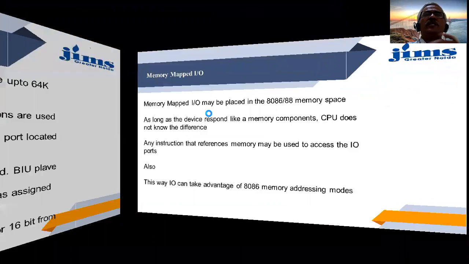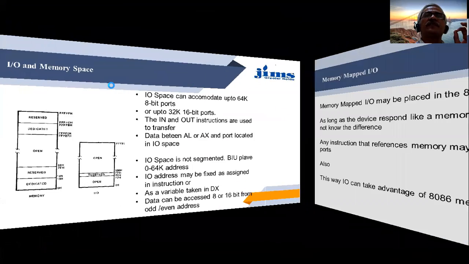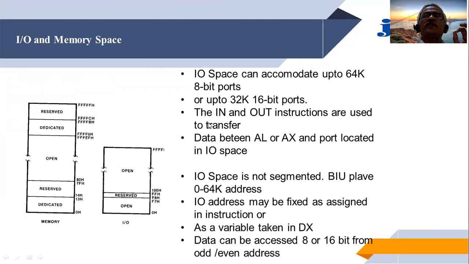Now when you deal with the IO space, the 8086 provides the flexibility of accessing them in terms of IO mapped IOs or memory mapped IOs. When you deal with IO mapped, that we saw in the previous slide, you have specific instructions for reading and writing into the IO space.